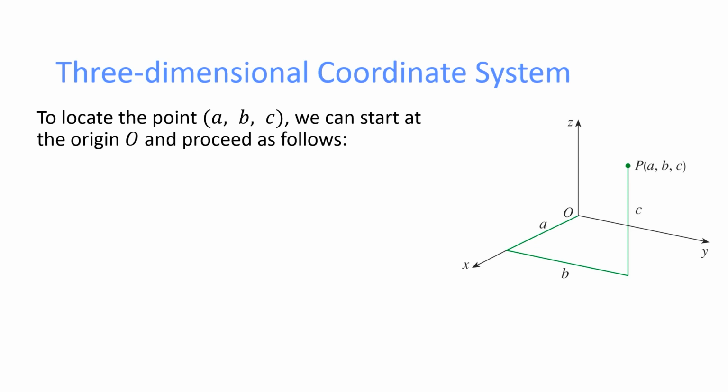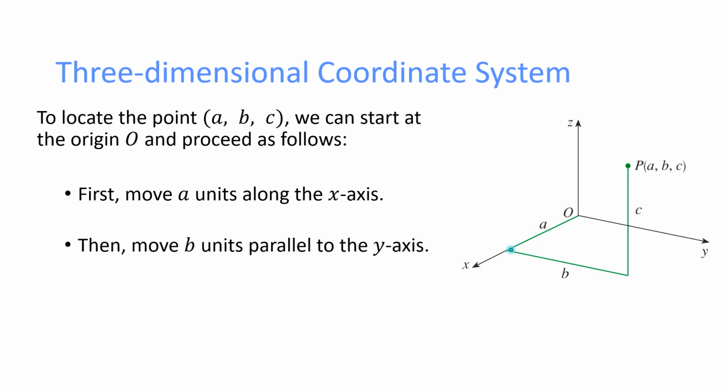To locate the point a, b, c, we can start at the origin O and proceed as follows. First, move a units along the x-axis. So you can see we have moved a units along the x-axis with the mouse. Then move b units parallel to the y-axis.